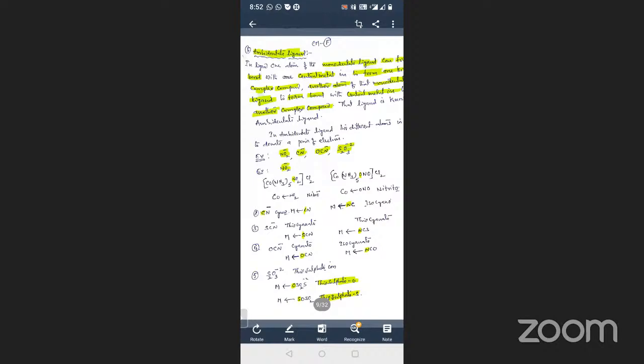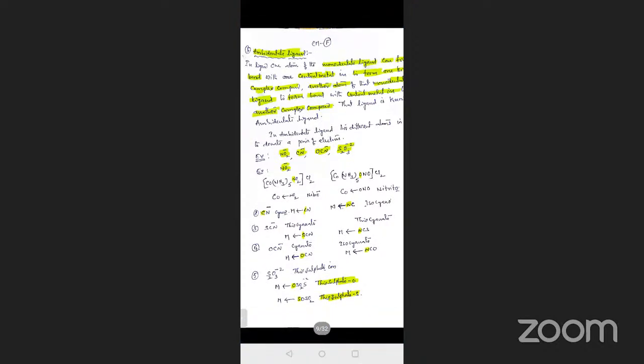Now I will give you the best example. Here is nitro, NO2 minus. In the nitro ligand, look here: Co(NH3)5NO2. Here nitrogen is directly linked with the central metal ion. We are getting nitro. NO2 may also be written as ONO. So it is the same monodentate ligand, but oxygen can be directly bonded with the cobalt.